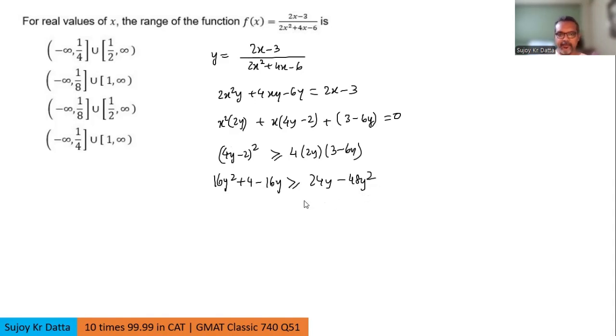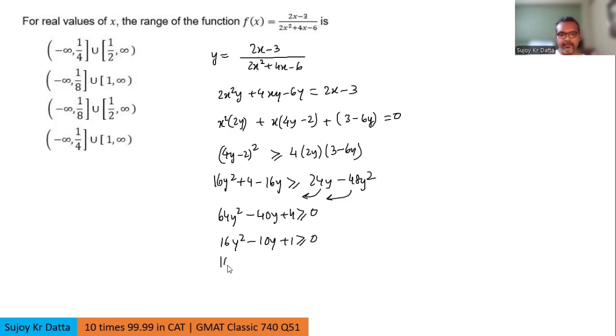Now simplifying again by bringing these two terms on that side. So 48 plus 16, 64y squared minus 40y plus 4. Divide by 4, 16y squared minus 10y plus 1, right?